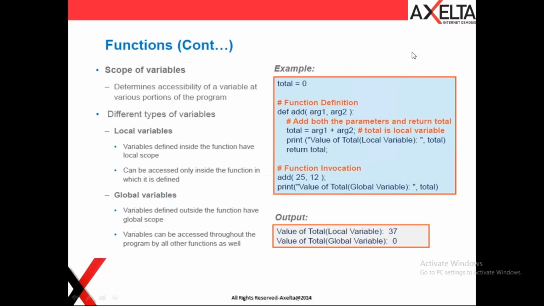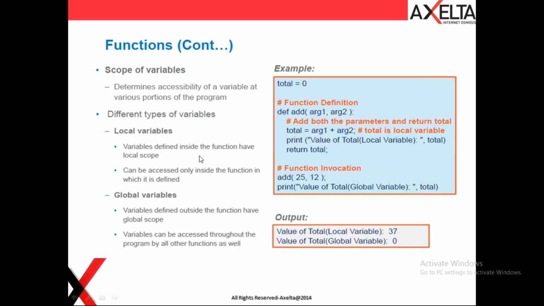So this is scope, local variable, global variable. Already you are aware about it. If you are declaring the variables within that function, they are local to that function. If the variable is declared outside the function, you can access it anywhere you want.